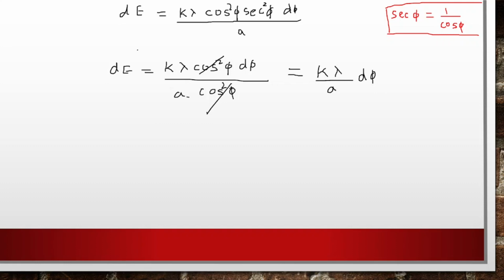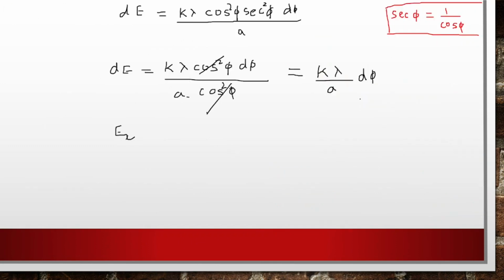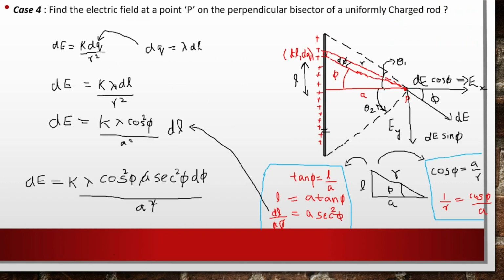Now we want to find each of the components. So for that, let's find Ex first. Here Ex in the figure is given as dE cos phi. So it is integral of dE cos phi, and we need to integrate it over the whole wire. Look at this figure.